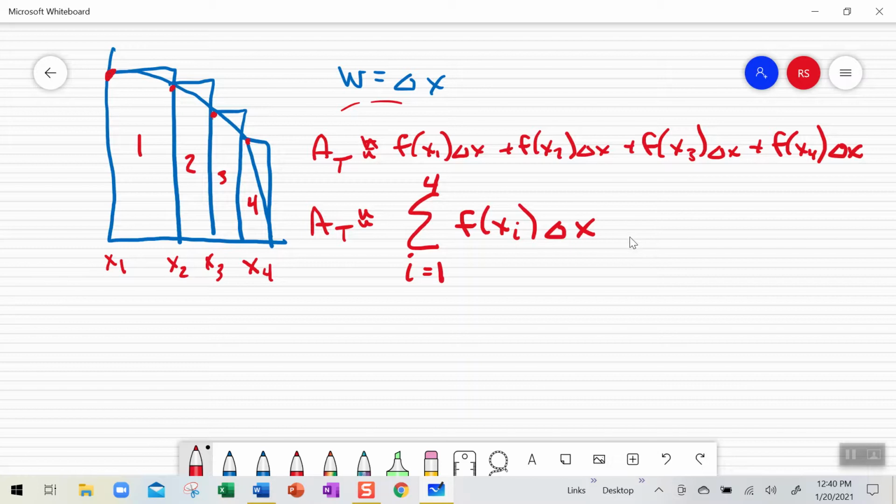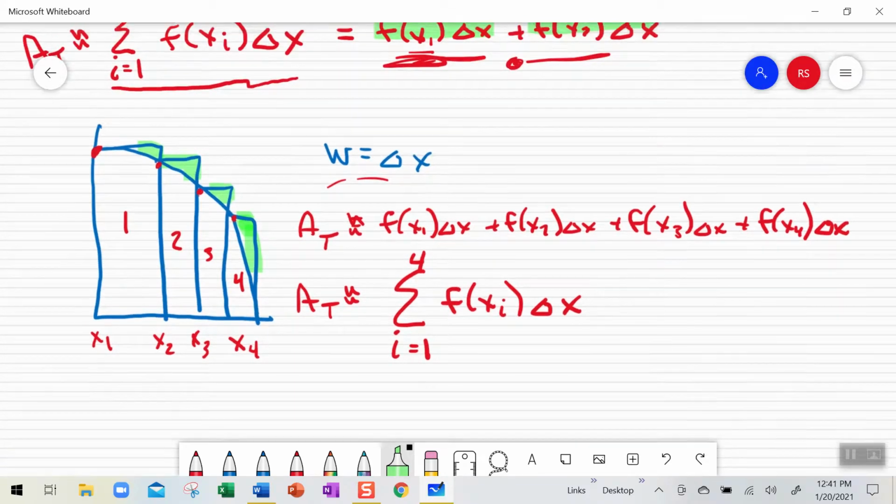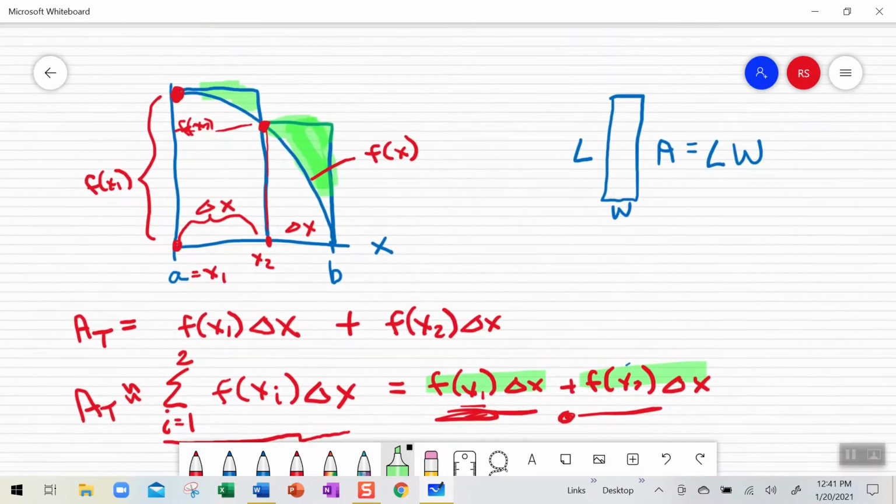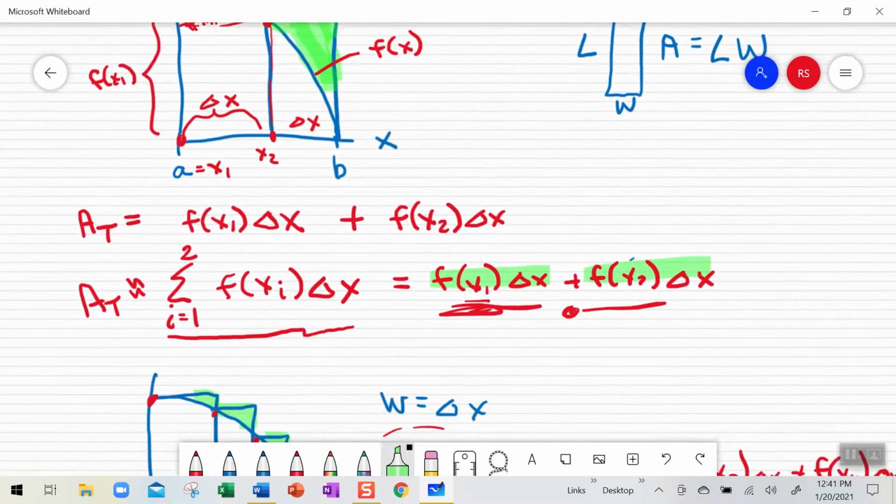Well, we can see a problem here again. We still have excess area. I have this area here, and this area here is excess area. Now, depending on where the rectangles intersect the curve, you could have too little area. But in this case, the way that I'm doing it, we always have excess area. If you compare that excess area to the problem we did before, we have less excess area.